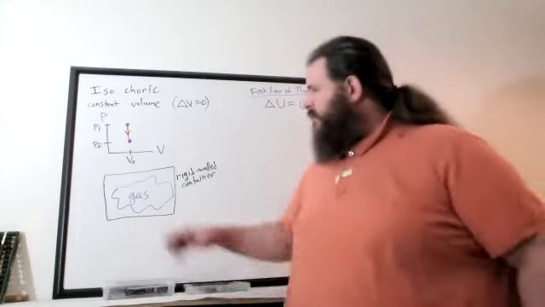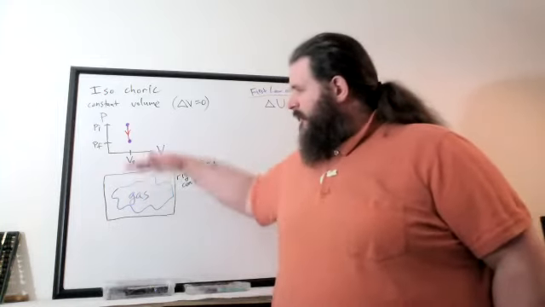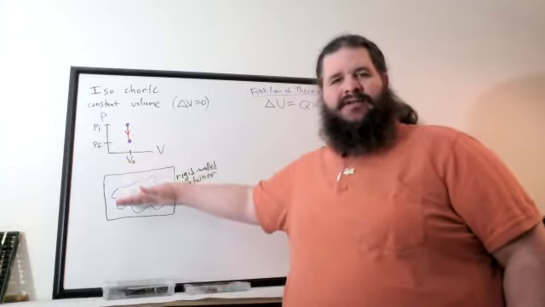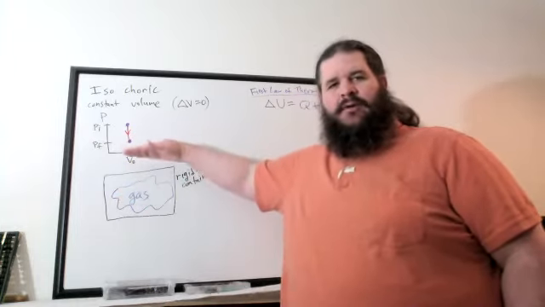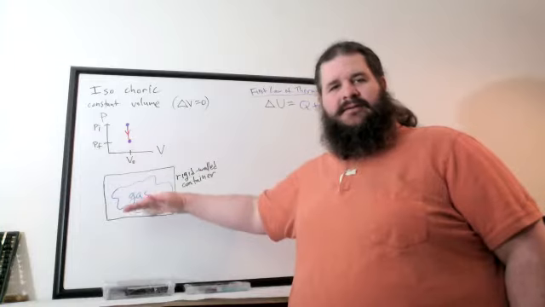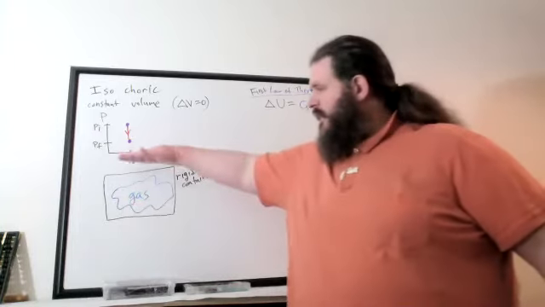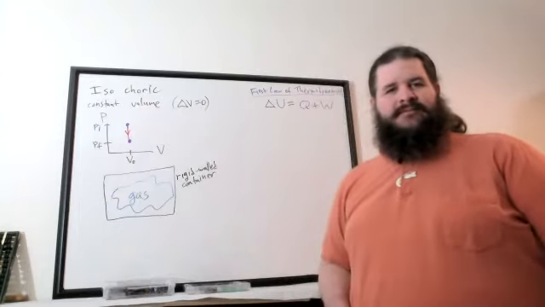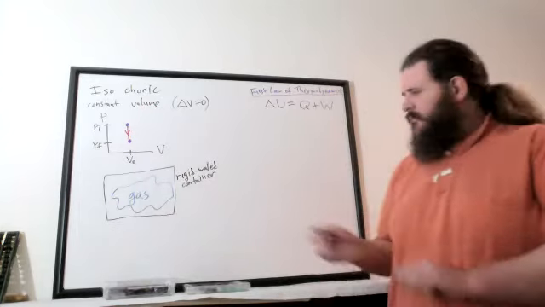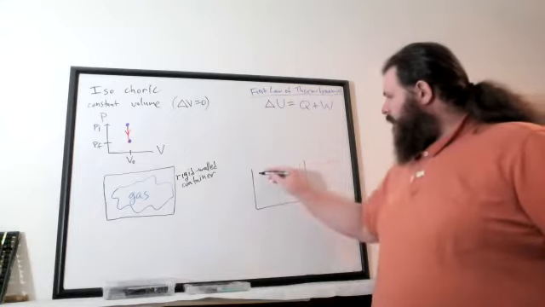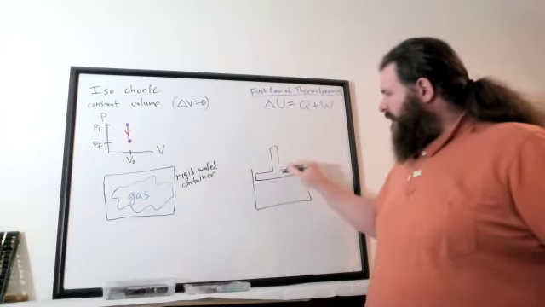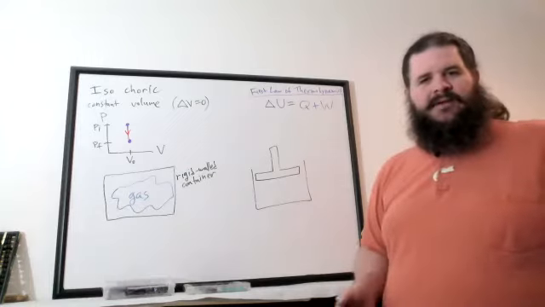Like, let's say we just make these walls and floor fixed in place, but we allow the ceiling to rise up on tracks or go down on tracks. What do we usually call that if one of the sides is movable? So we can push that in to squeeze the gas or stretch it out. If we've got a container, but one of the walls is movable, and maybe has a handle. Yeah, a piston.